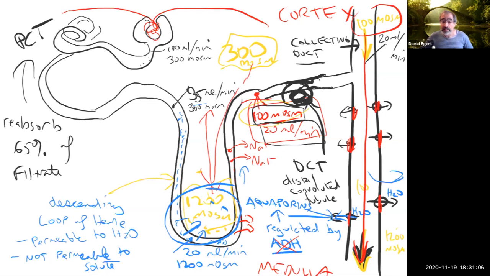Right? If I have 100 milliosmolar stuff coming through, but the walls are all sealed, then it just makes it all the way through. If I do have ADH and the aquaporins are open, then osmosis, the water gets sucked back into the body.